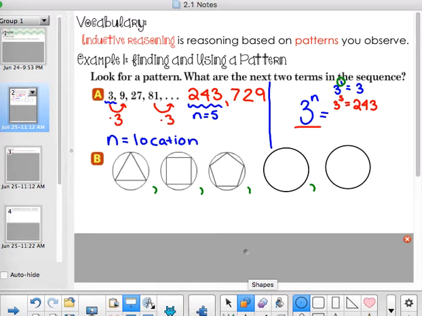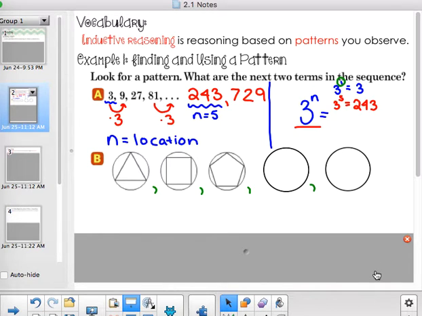But the main difference I'm seeing in these figures is the shape that is located on the inside of each figure. I'm noticing that our very first term has a triangle. Triangles have 3 sides. Our second figure has a square. Square has 4 sides.